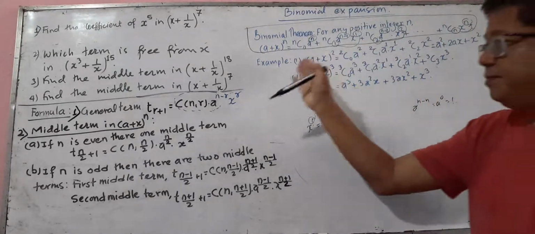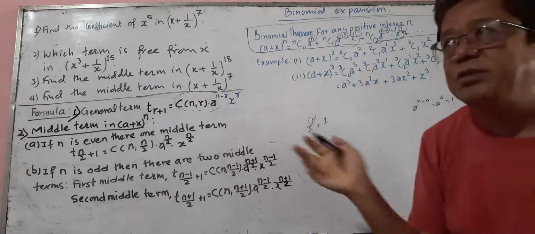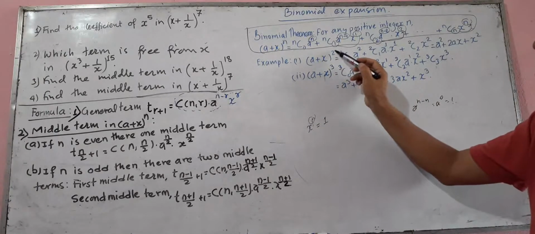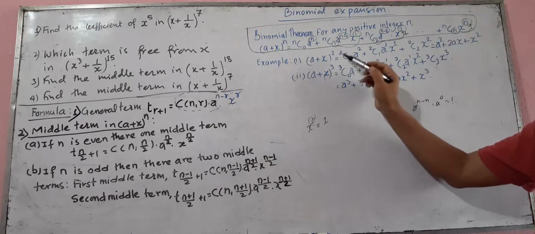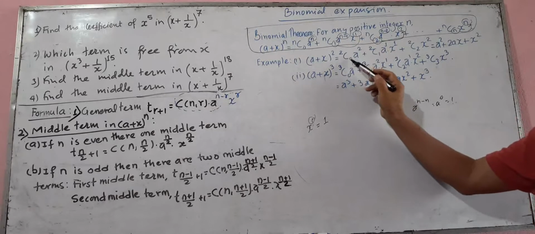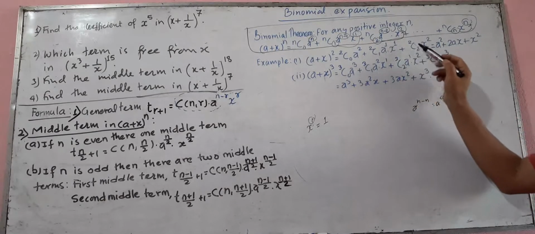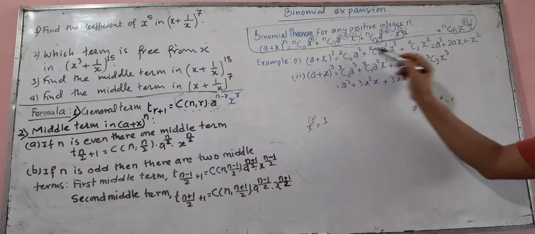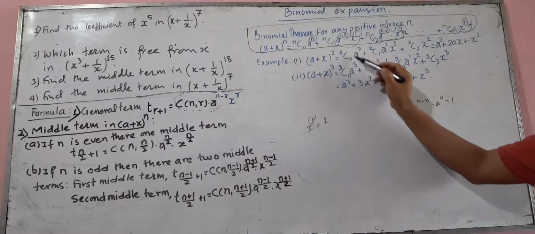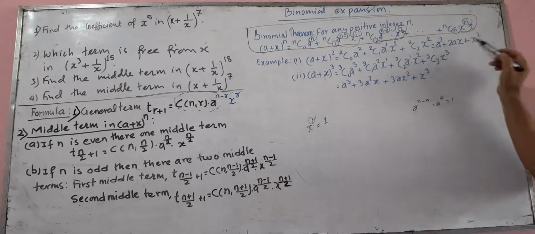Now I've given you two simple examples that we frequently used in previous classes. (a + x)^2, and this is equal to, in terms of the binomial theorem, 2C0 a^2 plus 2C1 a^1 x^1 plus 2C2 x^2, the same as a^2 + 2ax + x^2, because 2C0 is 1, 2C1 is 2, and 2C2 is 1.